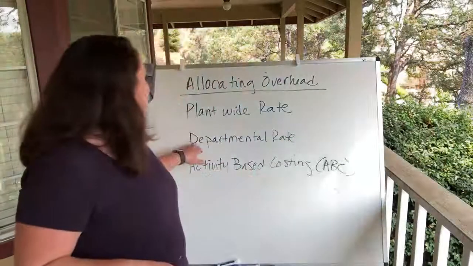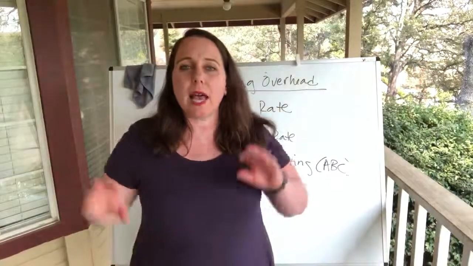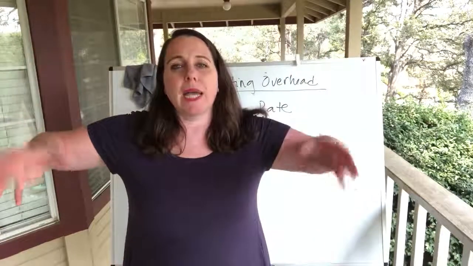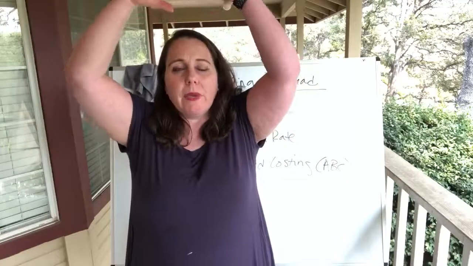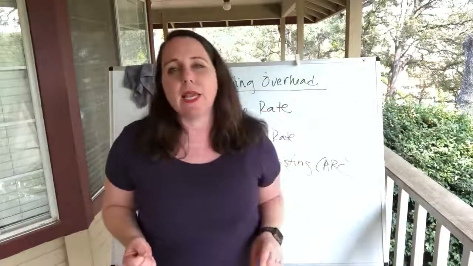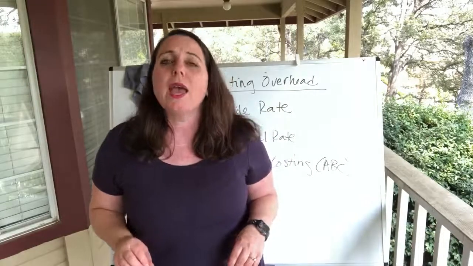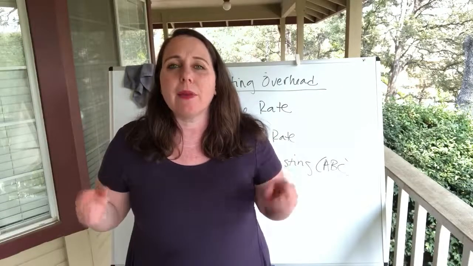granularity, we'll do the departmental rate. This is where we assign factory overhead costs by department. Instead of saying our entire plant has $100,000, we say, hey, Department A has $60,000 and Department B has $40,000, okay? Now we can have a different rate for each department.